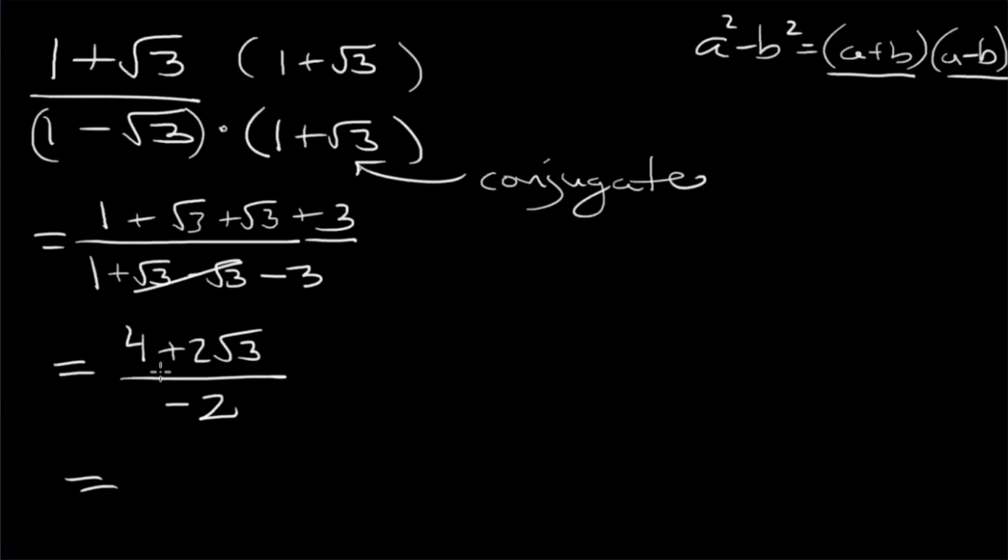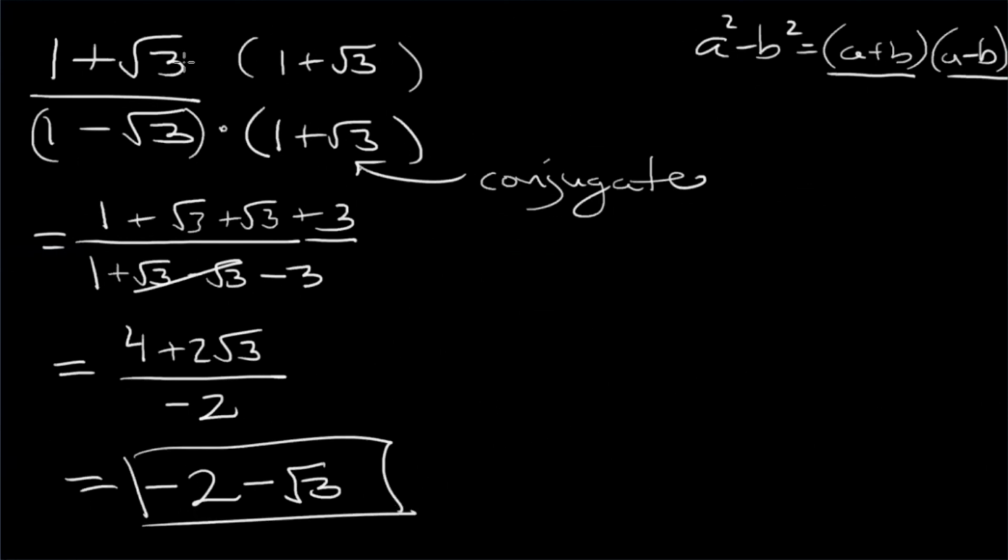And the thing is, we're not done though, because this reduces. 4 divided by negative 2 is negative 2. And 2 root 3 divided by negative 2 is negative root 3. And so that is actually, this big ugly mess is actually just this. This isn't a skill that you're going to see again.